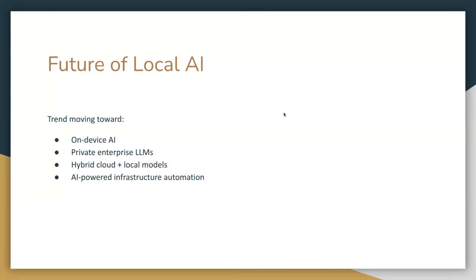So: on-device AI, private enterprise LLMs, for someone who wants to set up a private environment only. Hybrid cloud plus local models, where you can manage your AI in a local environment. AI-powered infrastructure automation. These are the future of local AI.